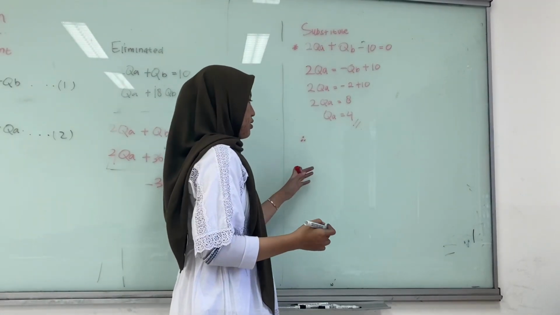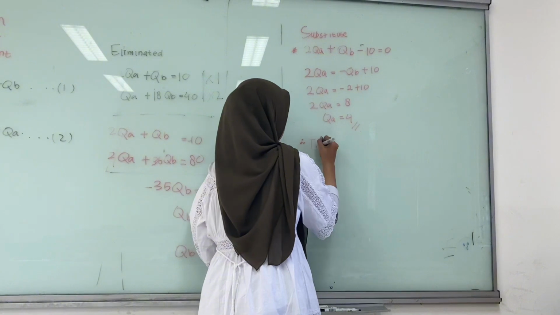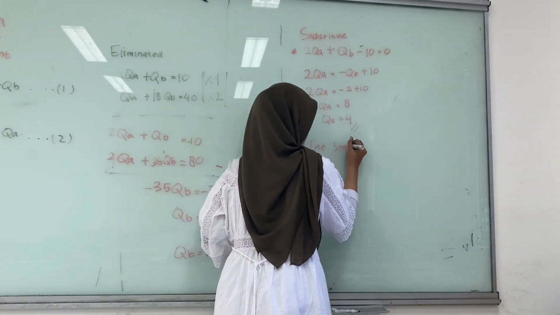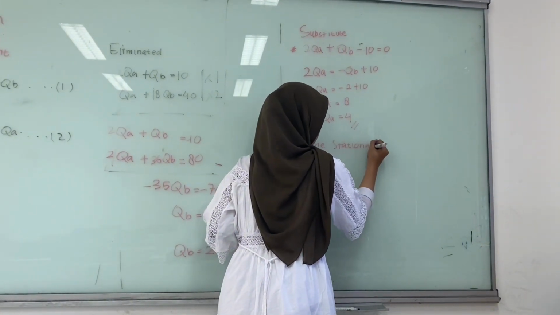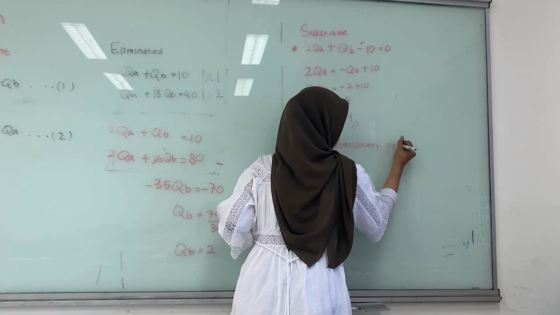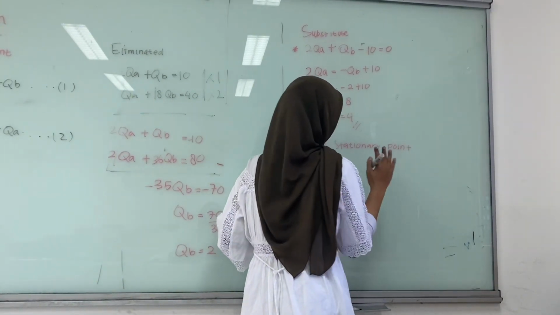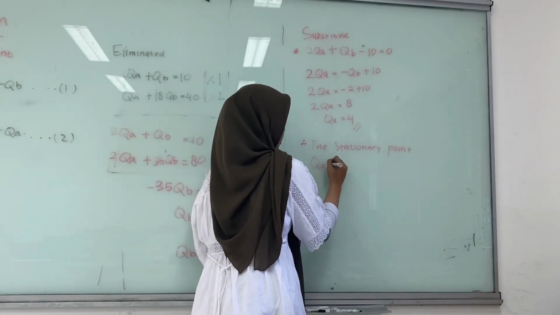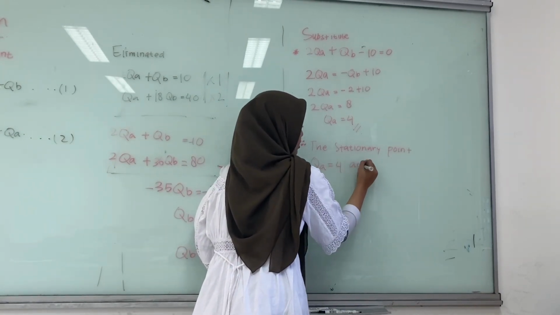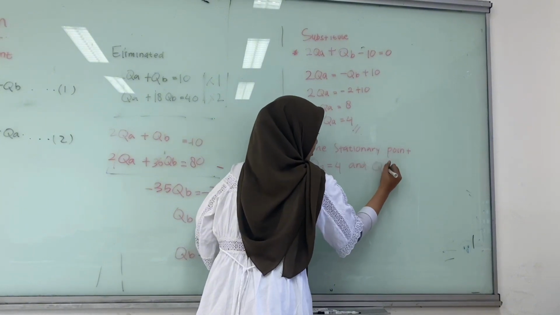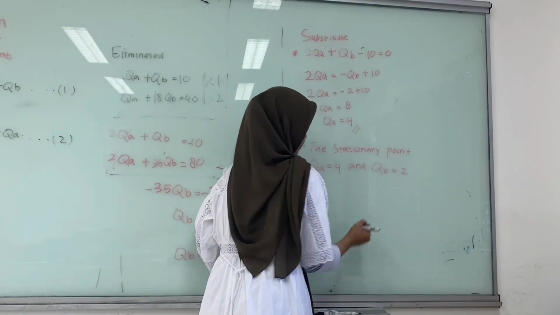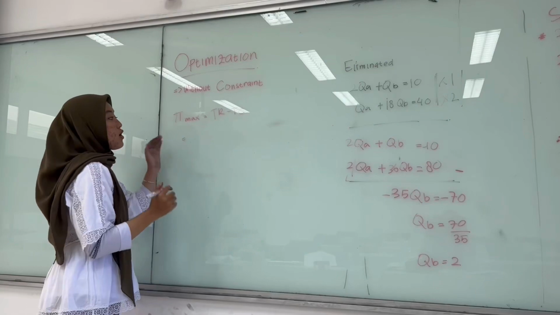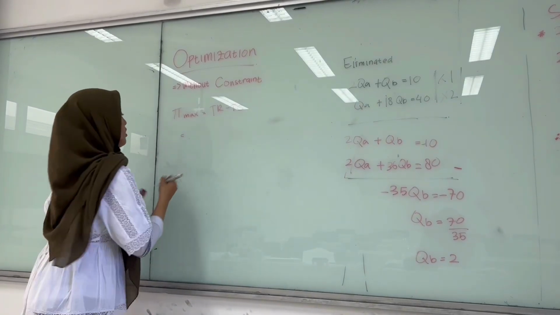We can conclude that the stationary point when the profit is maximum is QA equal to 4 and QB equal to 2.